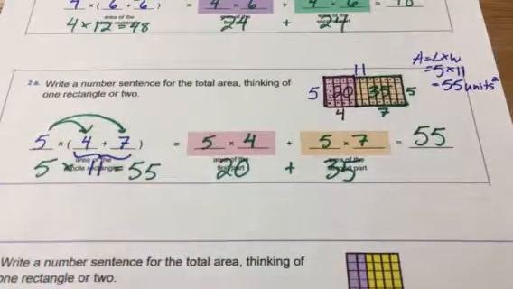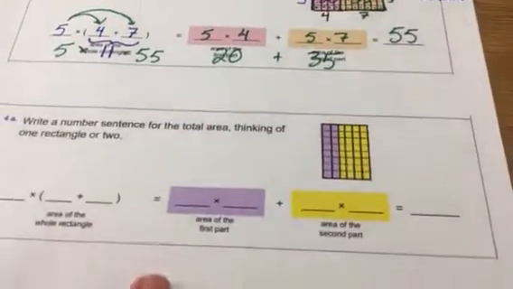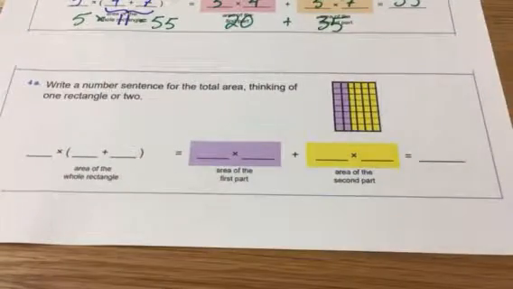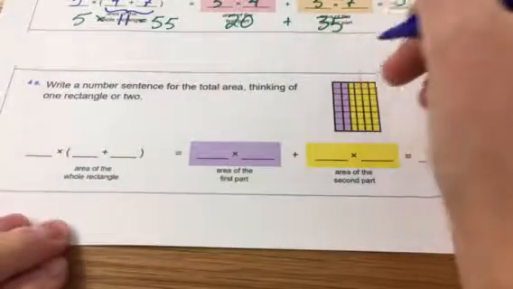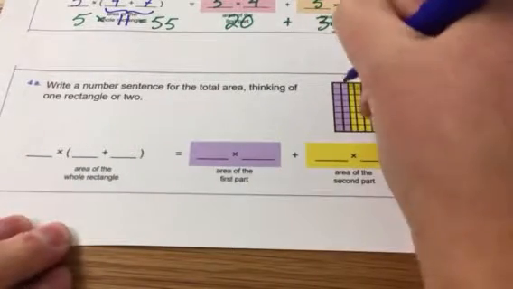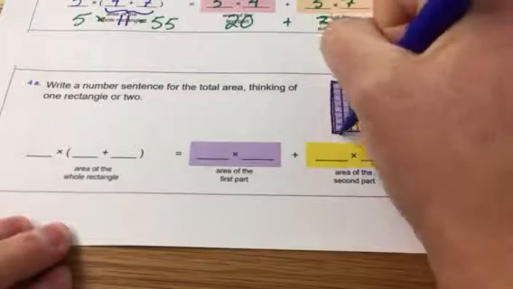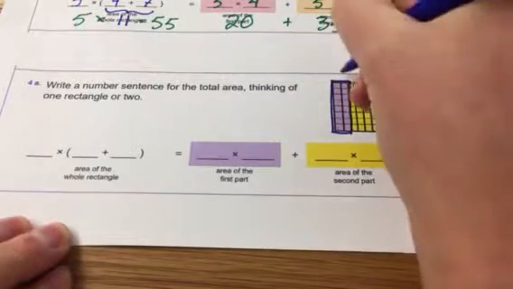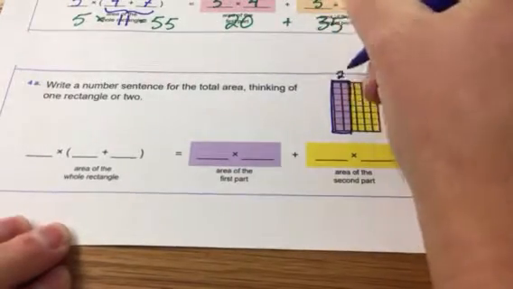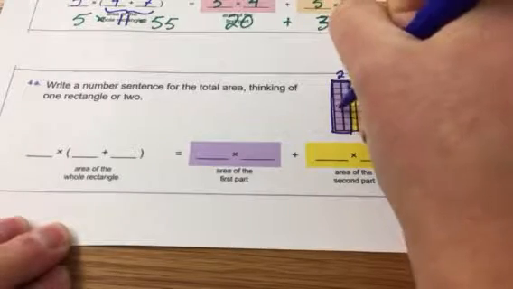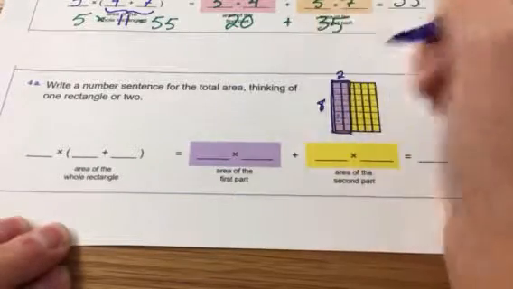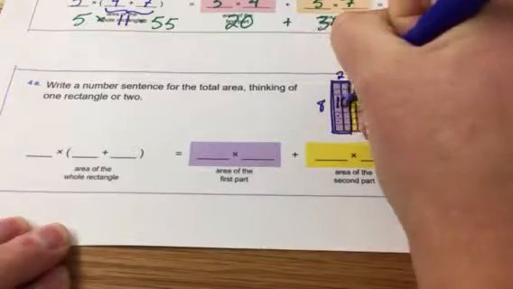Let's do one more example just to make sure we're feeling a little bit better about breaking up multiplication problems using distributive property. If we take a look here, we've got a purple rectangle and a yellow rectangle. Let's take a look at the small ones first. This is 2 by 8, which is 16.